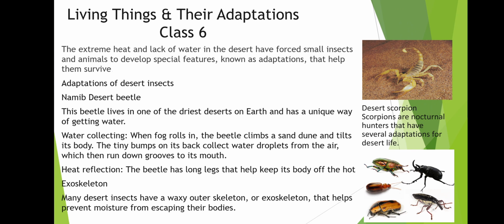Now that animal which was shown earlier, which was sweating, that is the bison. Now, the desert scorpion. Scorpions are nocturnal hunters that have several adaptations for desert life. So these are some of the adaptations you have seen there about the scorpion.